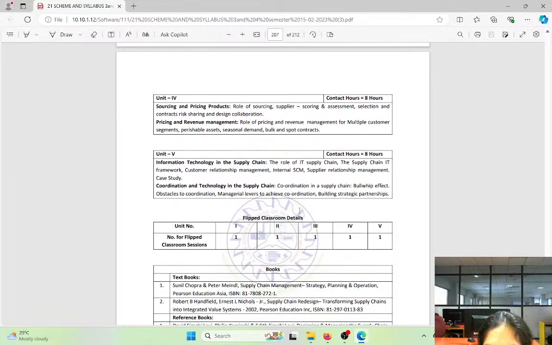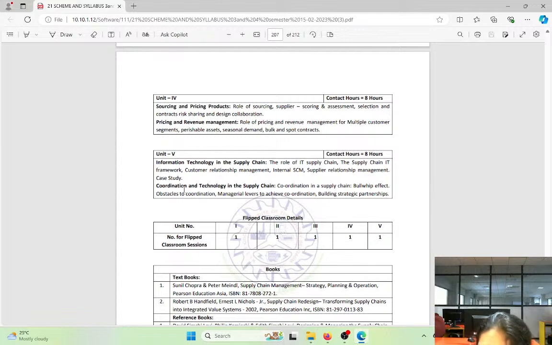Fifth unit deals with information technology in supply chain and coordination technology in supply chain. The role of IT in supply chain, how best we can frame the framework of this IT in the process of supply chain. There are many recent software packages in every organization which are planned according to the supply chain processes of their flow, and based on that the entire process runs.